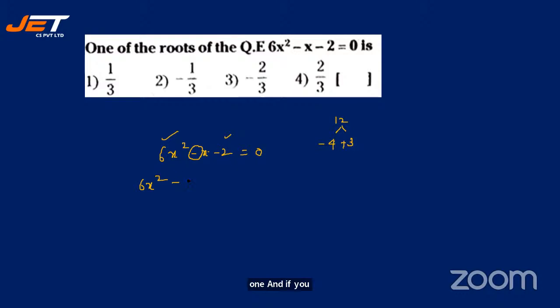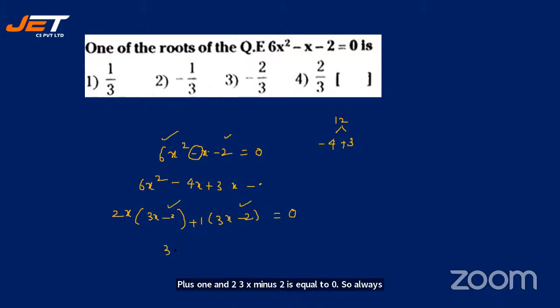All right. So 6x square minus 4x plus 3x minus 2 is equal to 0. All right. So you take common 2x, which is 3x minus 2, plus 1 into 3x minus 2 is equal to 0. So always these both should be same. All right, so you get 3x minus 2 as one root and 2x plus 1 as other root.